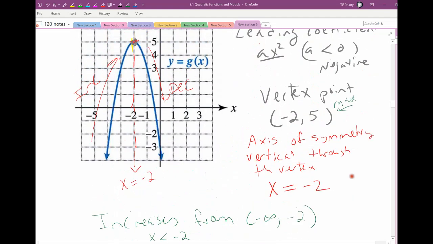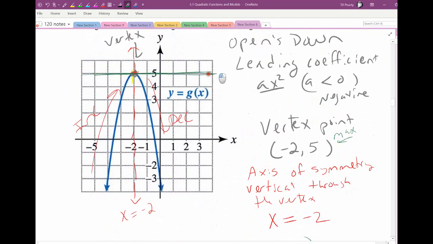So this would be the maximum function value. It doesn't go beyond 5. 5 is the biggest y value in my entire function. After that, it shoots off down to -infinity on both sides.